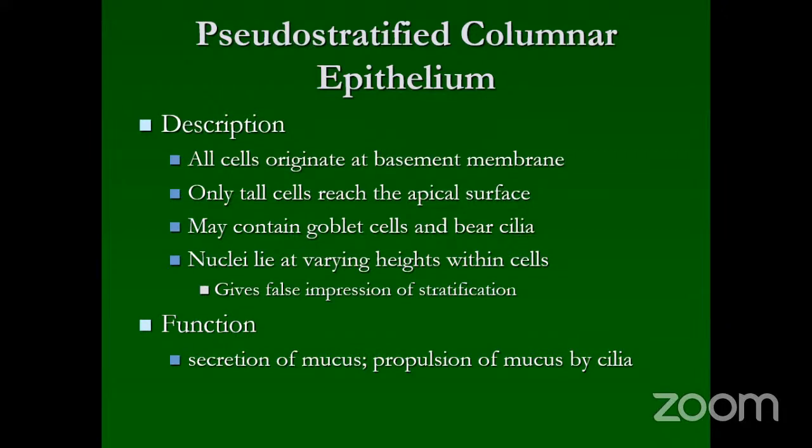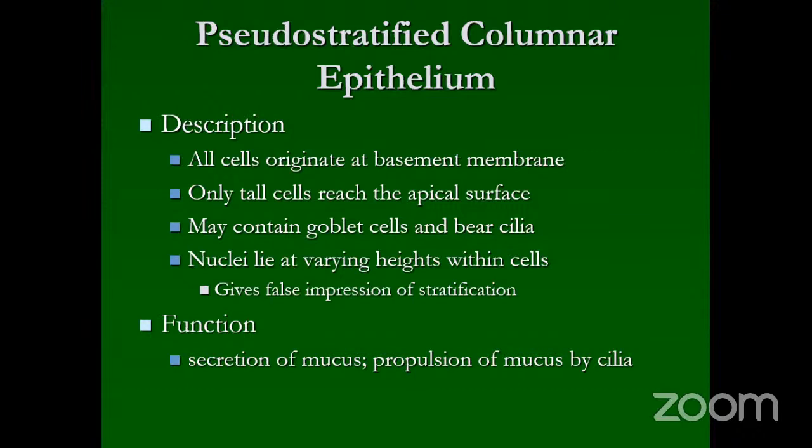Stratified means it looks like they are stratified or in multiple layers, but they are not actually. So all cells originate from the basement membrane, but they will travel to the apical surface. So basement membrane is at the bottom and apical surface is at the top.